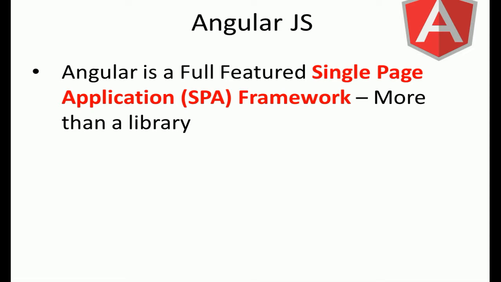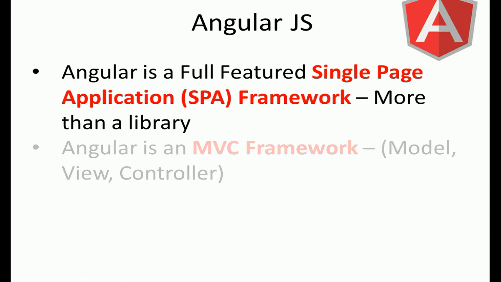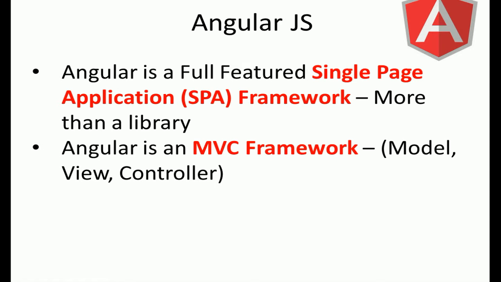Angular is a full-featured single-page application framework, and as such offers much more than a JavaScript library such as jQuery. In fact, Angular includes its own implementation of a subset of jQuery called JQLite. Angular is an MVC framework, which stands for Model View Controller.